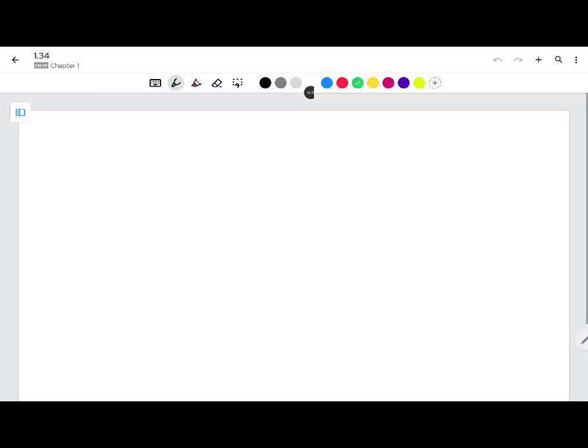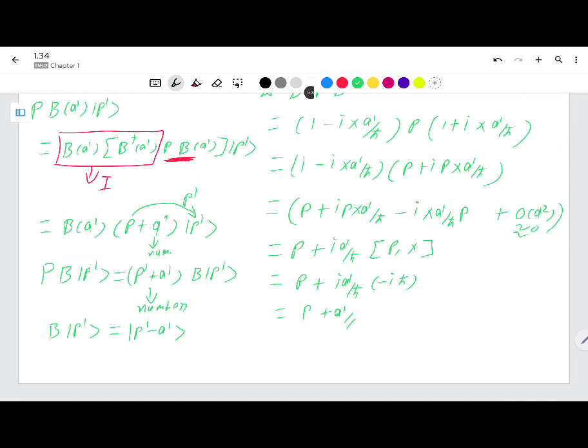Right? Or if you do the reverse of this, it is shifting like this. Okay, fine.